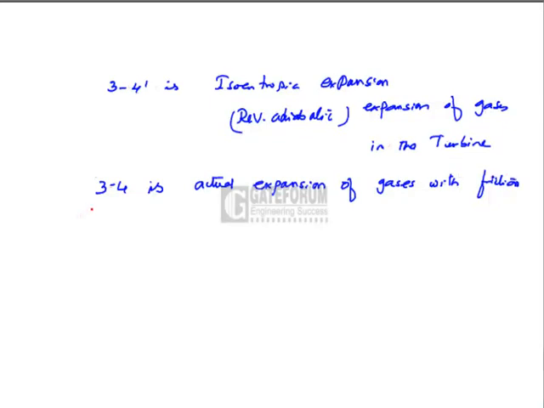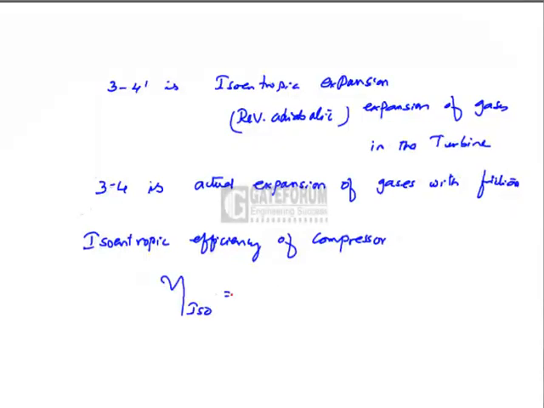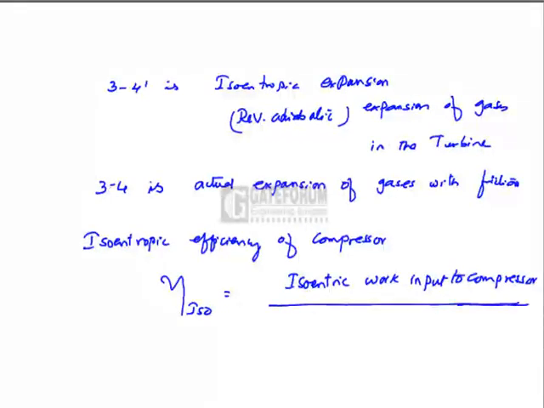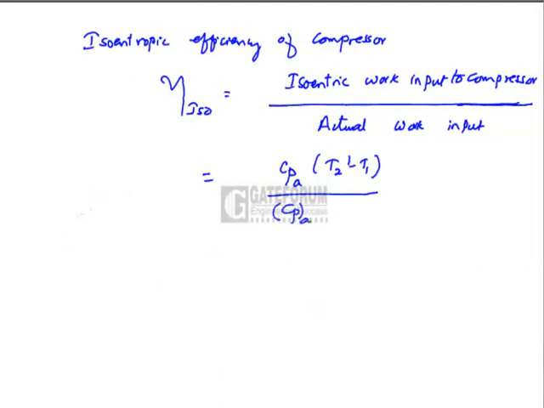In this context, we can define the isentropic efficiency of the compressor as isentropic work input to the compressor divided by actual work input, which could be given mathematically as Cp of air into (T2 dash minus T1) divided by Cp of air into (T2 minus T1).